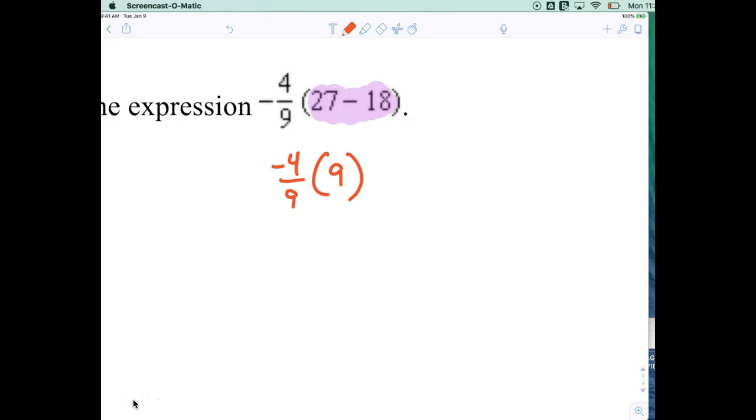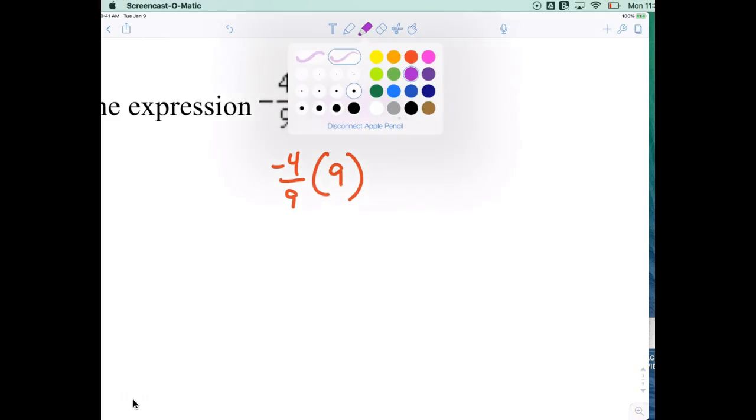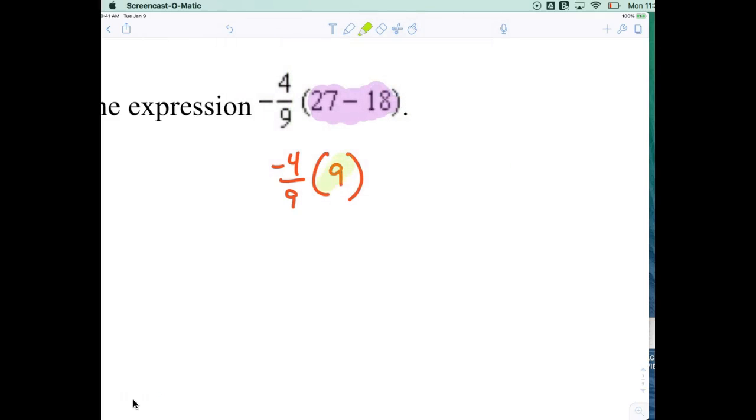So what happens to the two 9s? They cancel out because they divide out. So the final answer is just -4. It's super easy. Everybody agree with that? After you divide, do you multiply that? Yes, you multiply. That's correct.